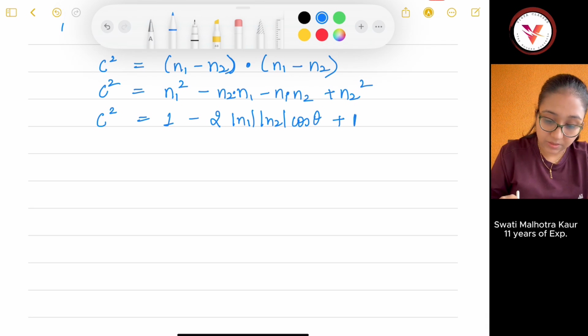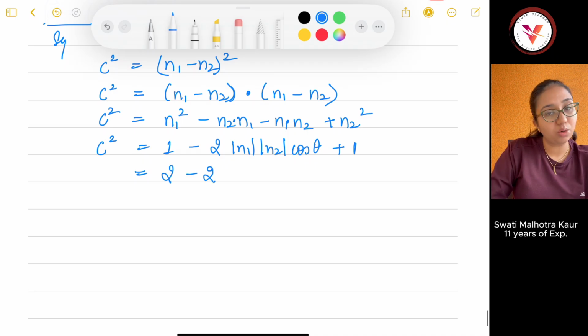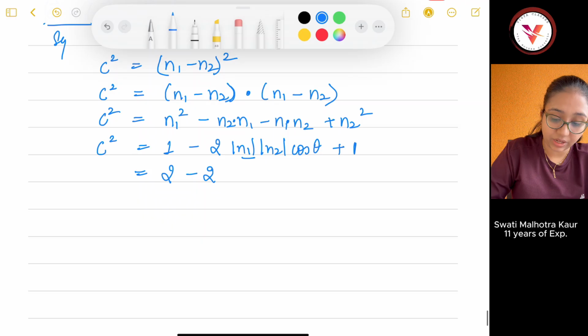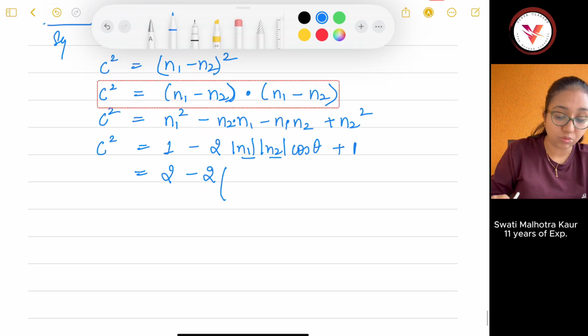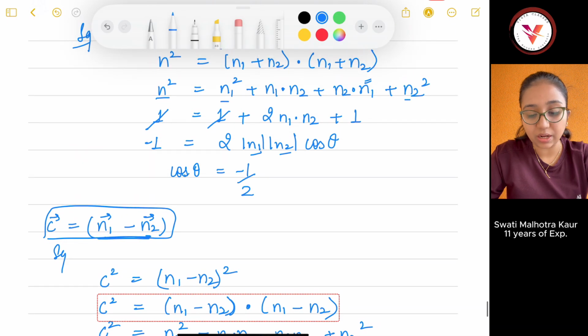Okay, so now 1 plus 1 is 2, then minus 2. This n1 n2 has a magnitude of 1 because they're unit vectors. Cos theta is minus 1 by 2. Since theta is the angle between n1 and n2, this theta is also the angle between n1 and n2.